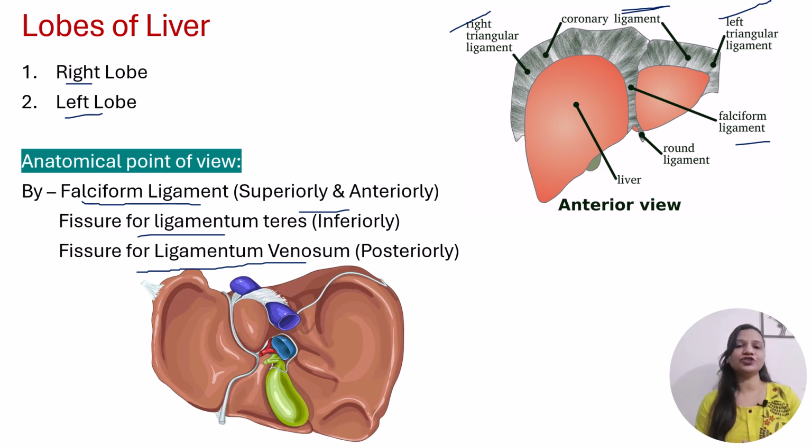So for the division of right and left lobe, the ligament which plays an important role is the falciform ligament, which you are appreciating here. This is the falciform ligament which is present on the anterior surface of the liver and also on the superior surface. Some part of it is present on the superior surface and majorly on the anterior surface of the liver.